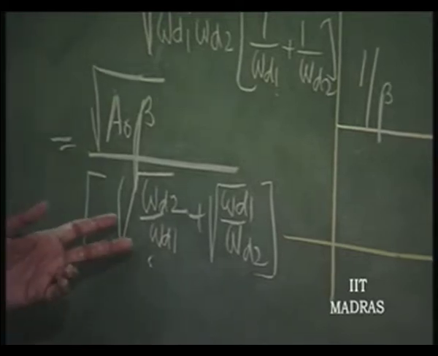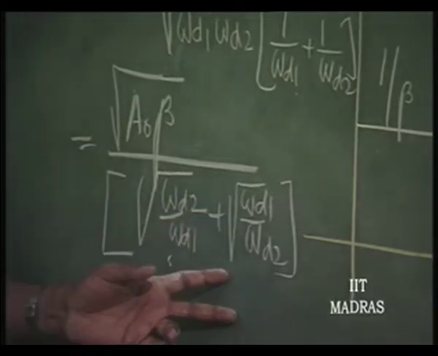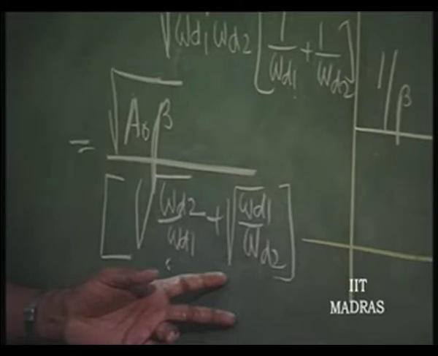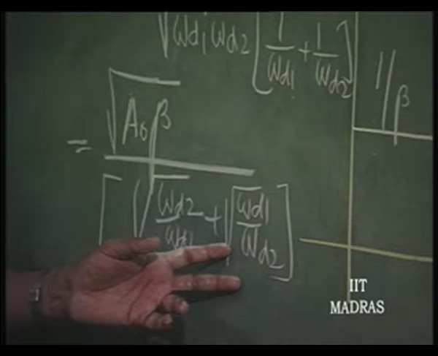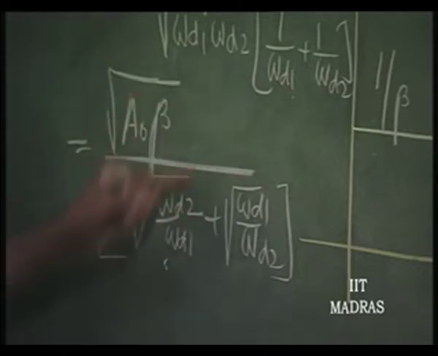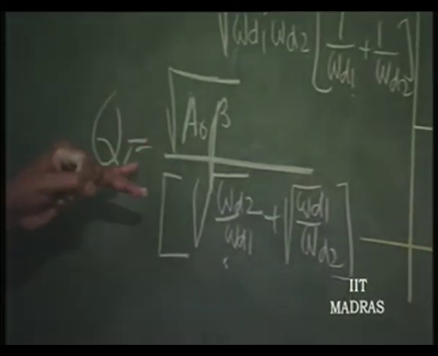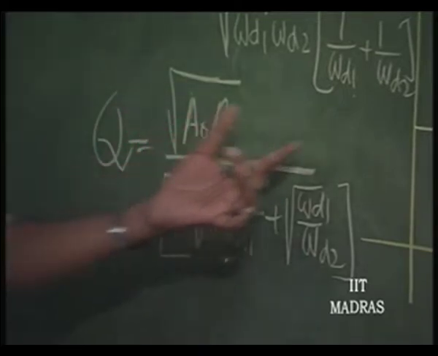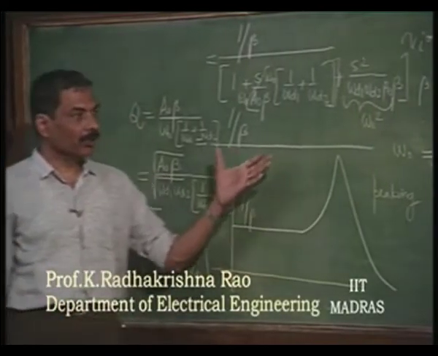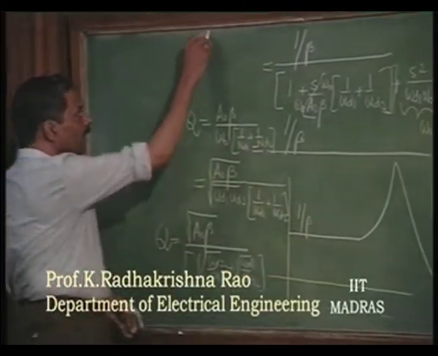This is something like x plus 1 over x, and that is going to be minimum when x is equal to 1, and this value can contribute to half only. Therefore, Q of this system is directly proportional to root of A naught beta. If the loop gain is high, therefore, the system will have poles located pretty close to the imaginary axis.